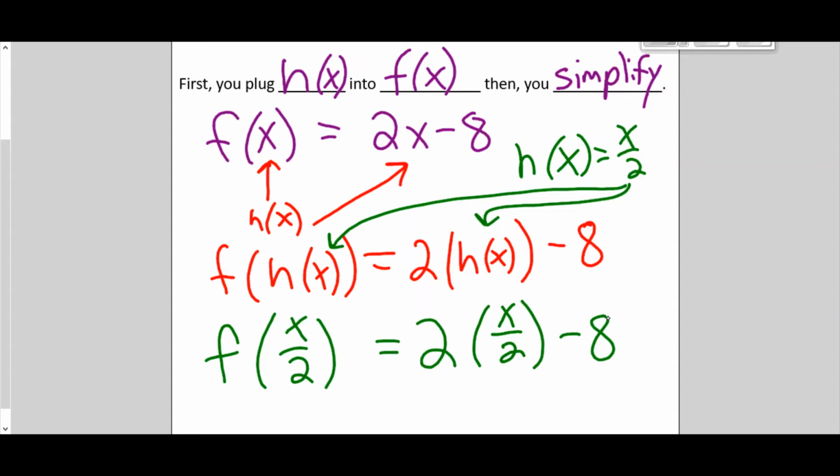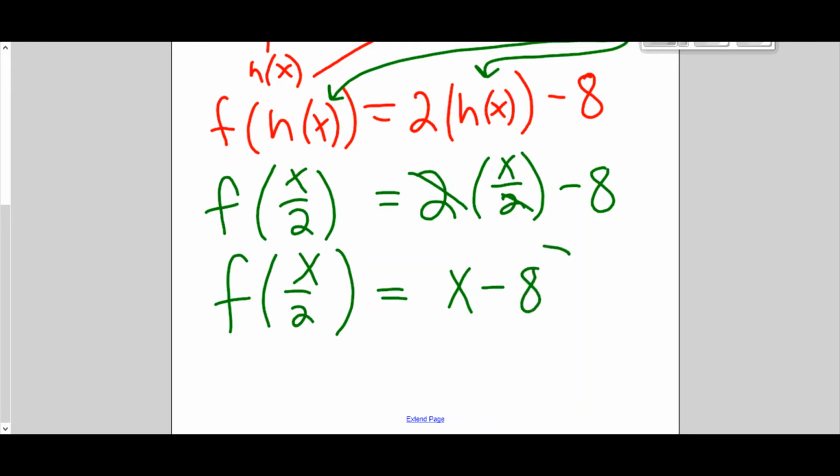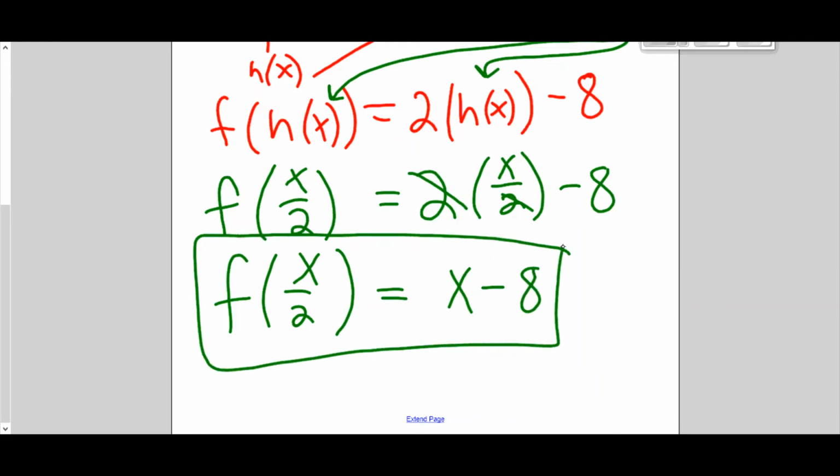I just substituted in my h of x. Now we can simplify on the right side. The left side stays x divided by 2, and on the right side those 2's cancel, so I'm left with x minus 8. Your answer for that one is x minus 8.